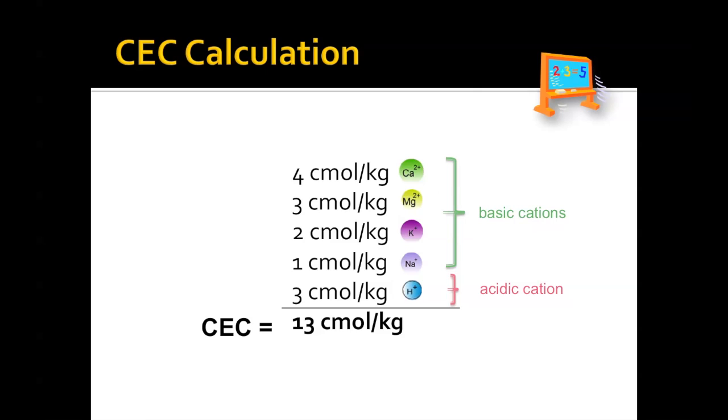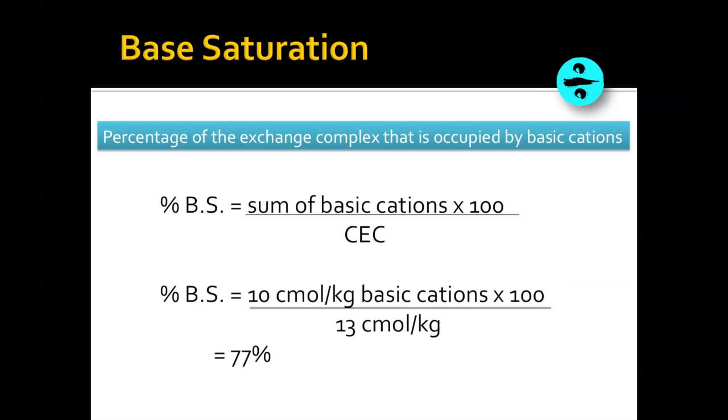I don't want to get too hung up on it, but you add all of these up, which would give you a certain amount of cation exchange capacity. And your base saturation would be the sum of all your basic cations, in this case those 4, calcium, magnesium, potassium, and sodium, multiplied by 100 and divided by the cation exchange capacity.